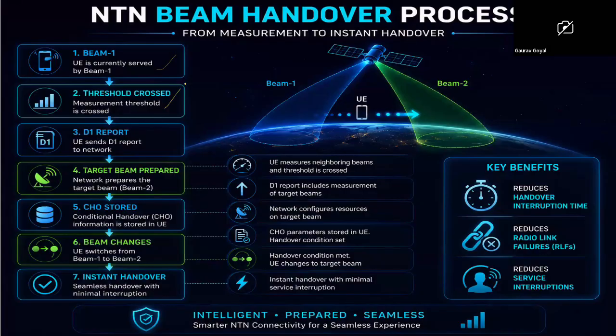Threshold 1 is crossed, threshold 2 is also crossed, then D1 is triggered. The target beam is prepared, CHO has already stored the information, the beam changes from beam 1 to beam 2, and an instant handover happens. So it reduces handover interruption time, radio link failure, and service interruptions.